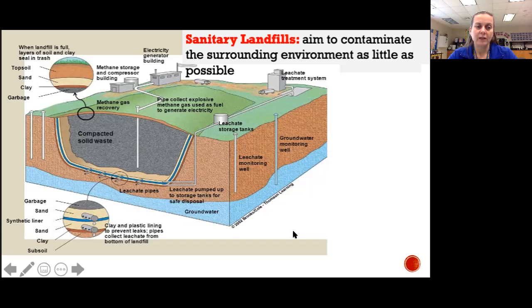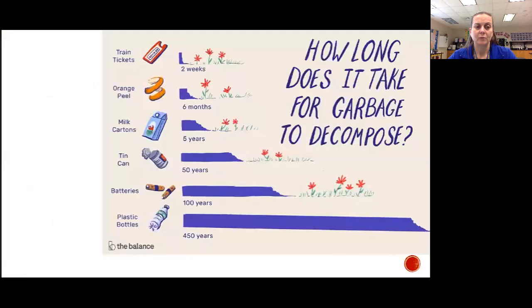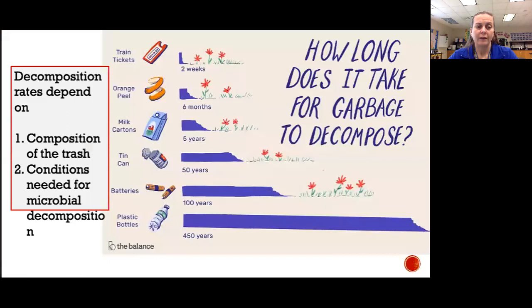Sanitary landfills, it is anaerobic decomposition largely. Anaerobic decomposition is slower than aerobic decomposition. So depending on the composition of the trash and whether or not the conditions meet the needs for microbial decomposition, things might decompose faster or slower.